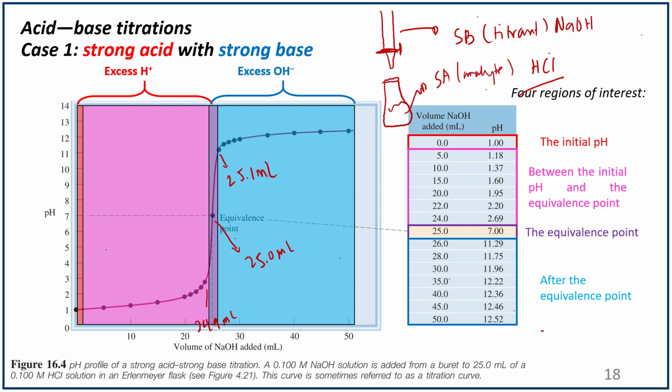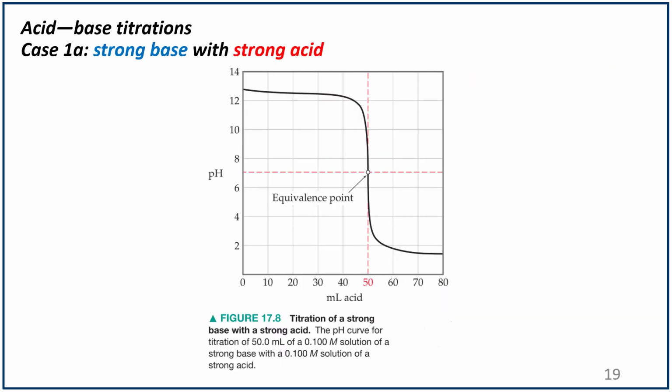Now, what if you have it the other way around? What if hydrochloric acid is in the burette and sodium hydroxide is in the Erlenmeyer flask? That is unusual. Most of the times you have sodium hydroxide in the burette, but in some cases a strong acid is used as the titrant. But the titration curve still has some similar behaviors.